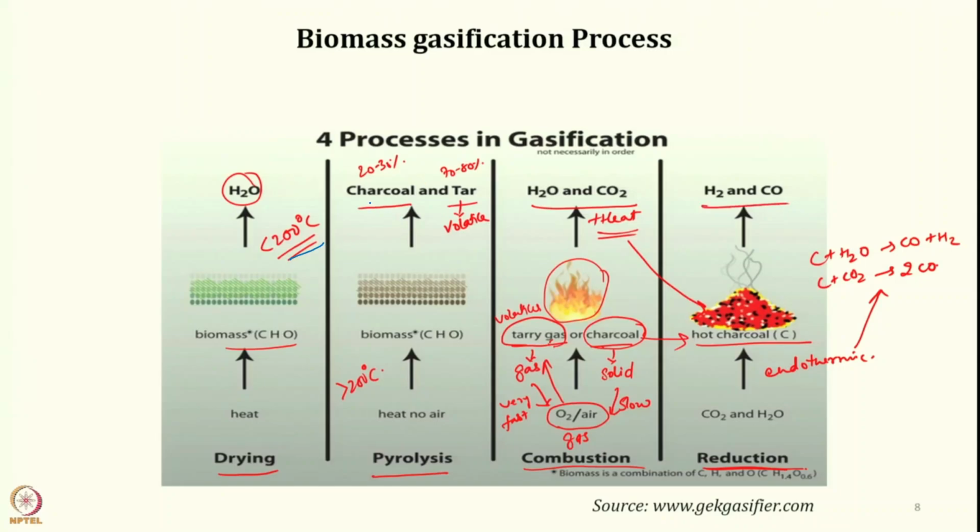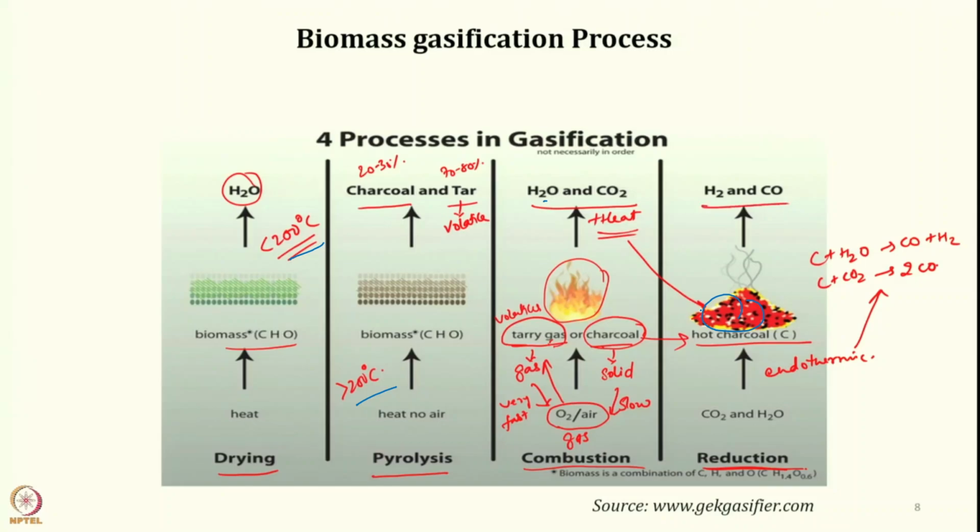Then above 200 degrees centigrade, it will produce some charcoal and tar, and if we increase the temperature again, it will produce water and carbon dioxide, like tarry gas and charcoal, and finally hot charcoal will remain.